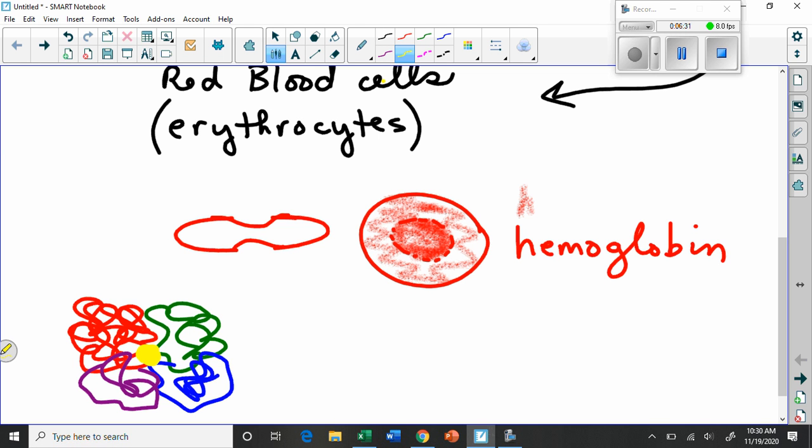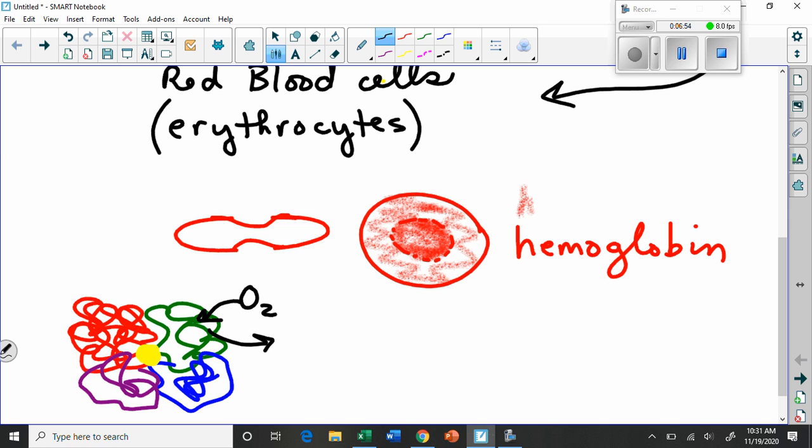And the iron atom gives the protein the unique property of being able to grab oxygen. This protein has a spot where oxygen can bind to it. But the bond is relatively weak. So the oxygen can bind to it, but can also be easily released.